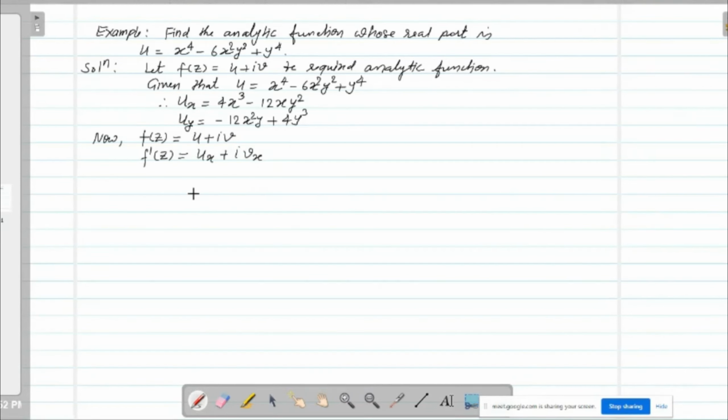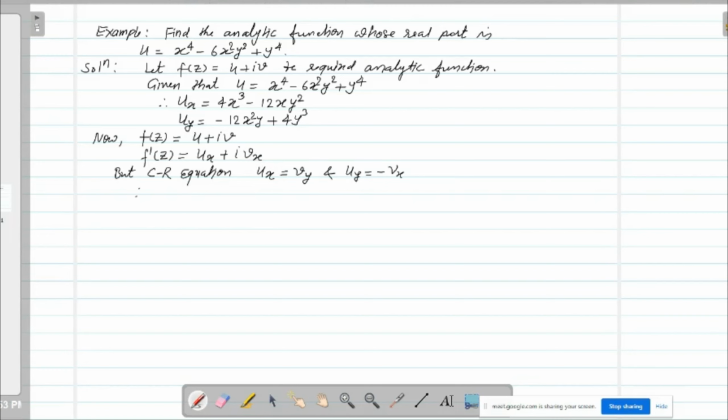Now we know the Cauchy-Riemann equations: ux equal to vy and uy equal to minus vx. Here the real part u is given, so we will replace vx by negative of uy.